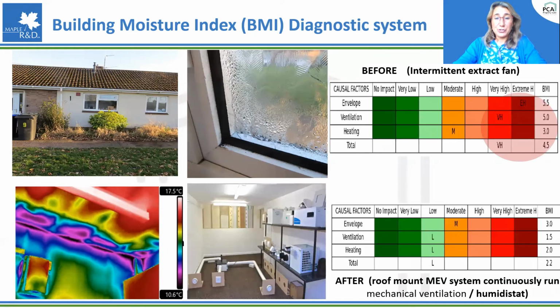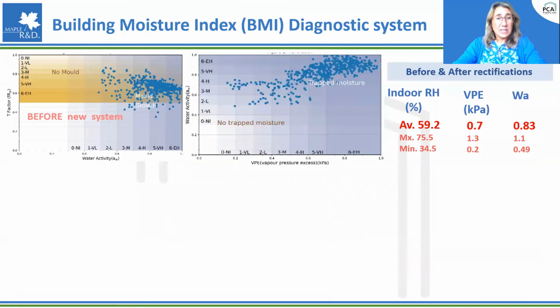And then after changing this intermittent extract fan and installing mechanical ventilation continuously running with a humidistat, we can see how the values go from very high to a low moisture imbalance of 2.2 out of 6.